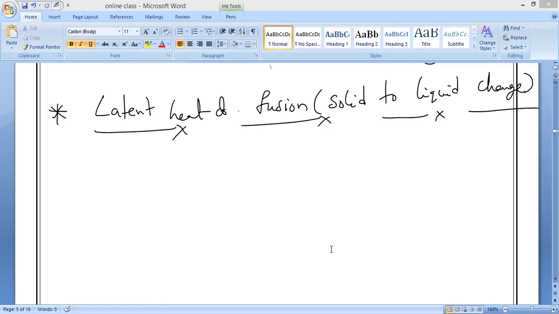Very, very important question. During latent heat of fusion, where does the heat energy go?